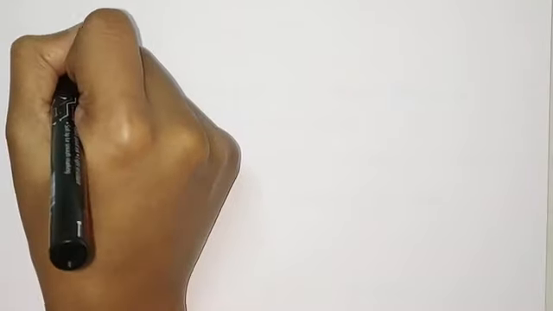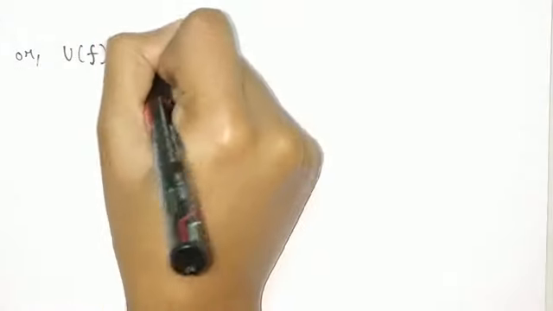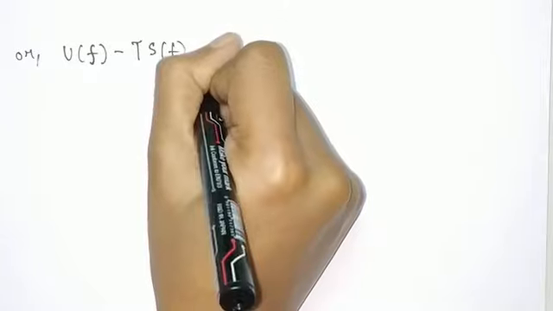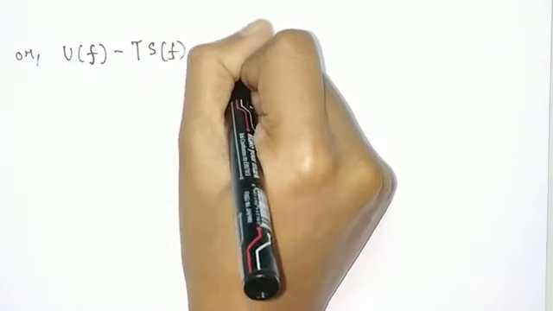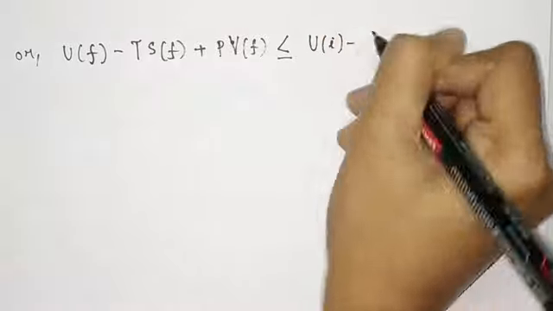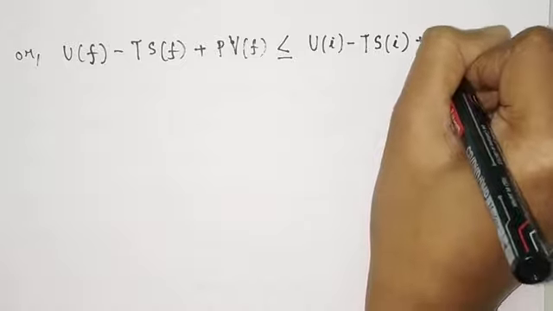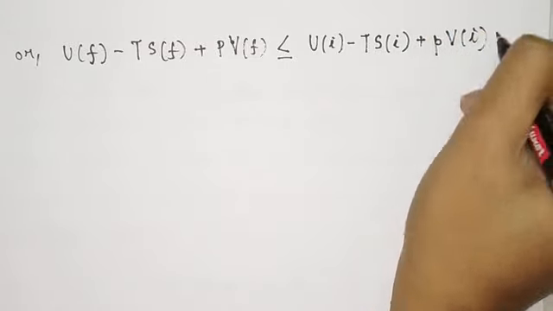So rearranging, on the left hand side we have Uf minus TSf plus PVf, which is less than or equal to Ui minus TSi plus PVi.